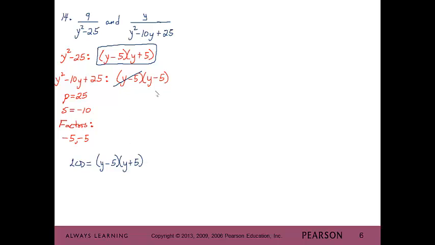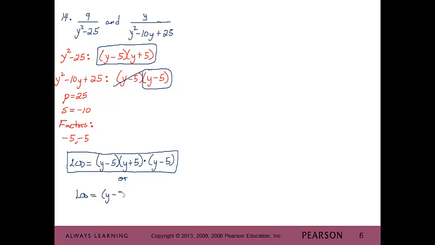You'll need 2 y minus 5s. However, you only have 1, so we're going to multiply another y minus 5. So then the LCD is going to be y minus 5 times y plus 5 times y minus 5. Or you can write it as y minus 5 squared times y plus 5.